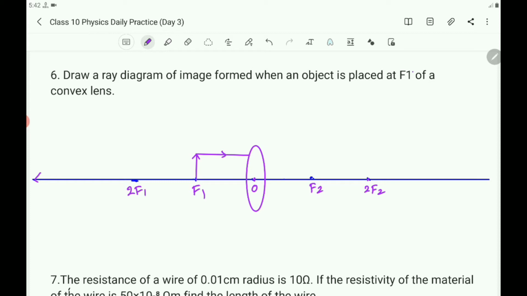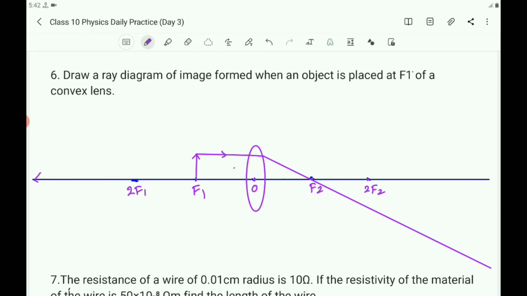You know that this ray enters into the lens and refracts. After refraction, it passes through the principal focus on the other side of the lens.